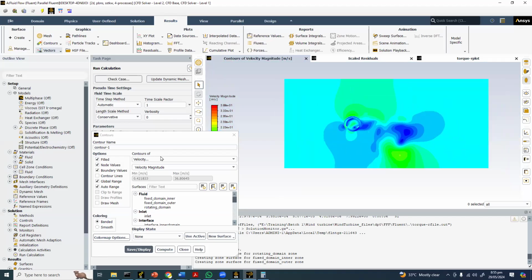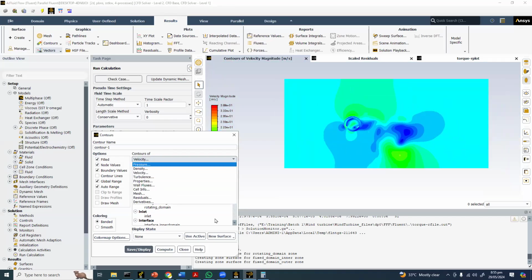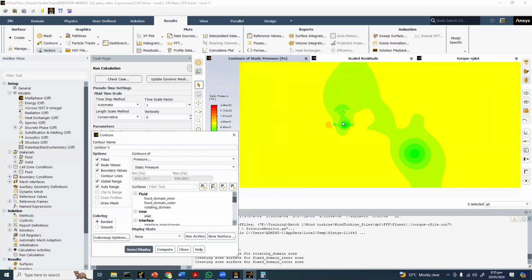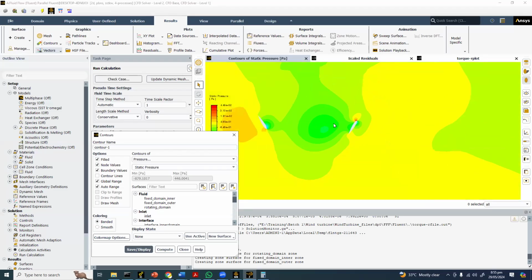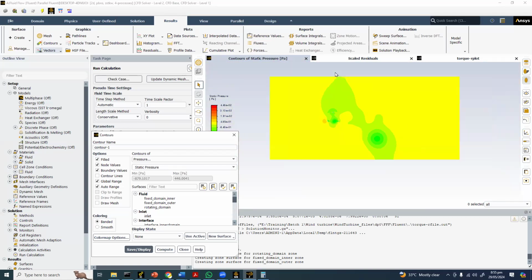If you take a look at the pressure contours also, I get the idea that the domain size is not enough at the lateral boundaries here. Are you getting my point? The pressure is actually striking on the boundaries here. The domain size should be large enough so that the internal flow does not reach the boundaries and does not affect the boundary flows. It means the domain size is small.